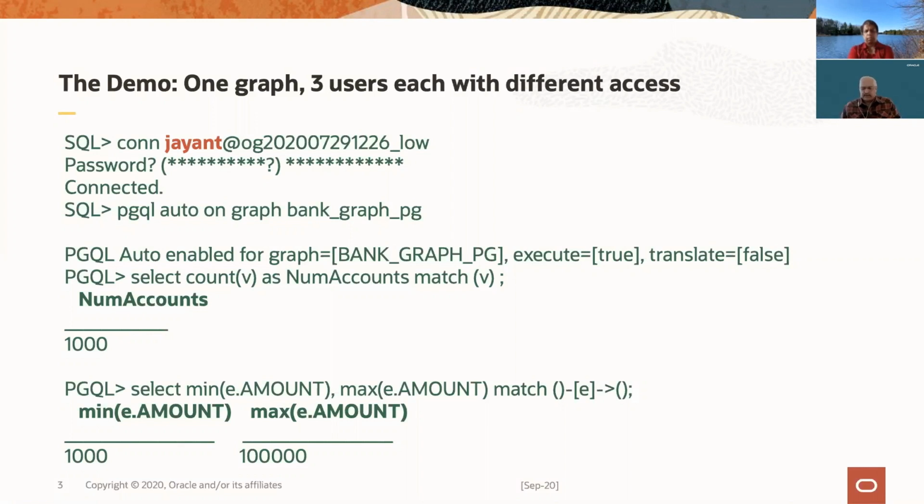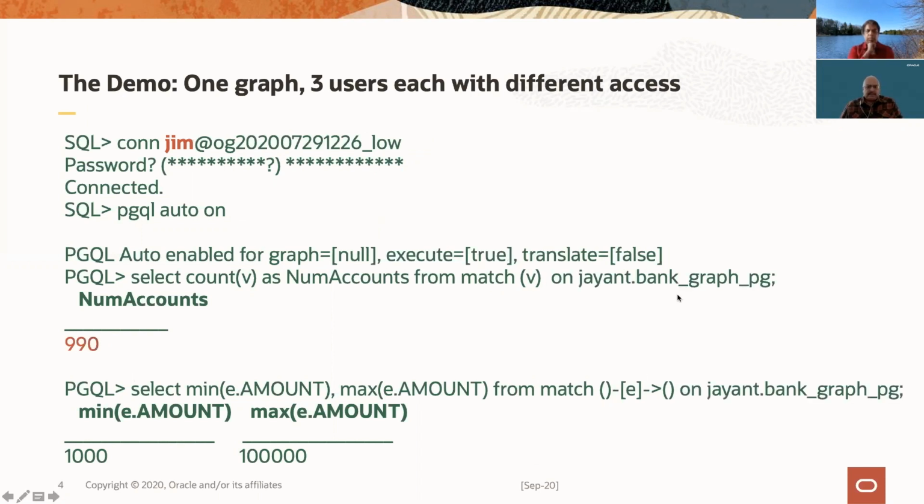There's one user, Jayant, who owns the data and has access to all of it. If you connect as Jayant, you would see that there are 1,000 accounts, and Jayant would see all the money transfers. The other user, Jim, has access also, but there are 10 accounts that are labeled as being highly sensitive.